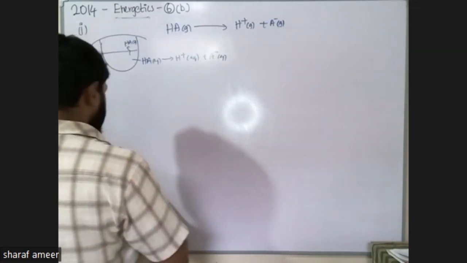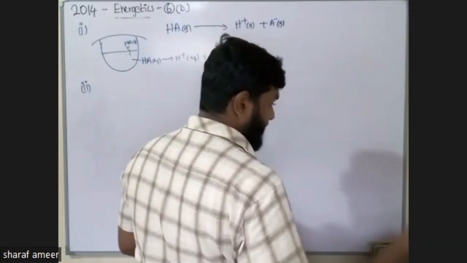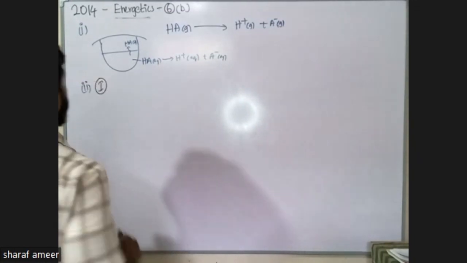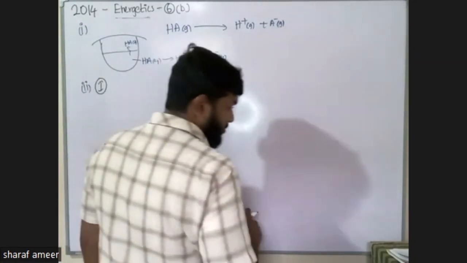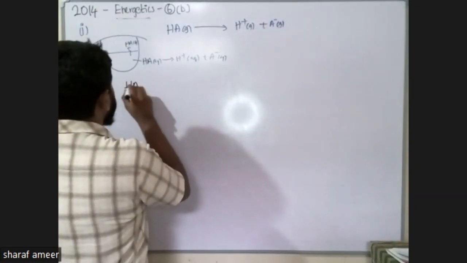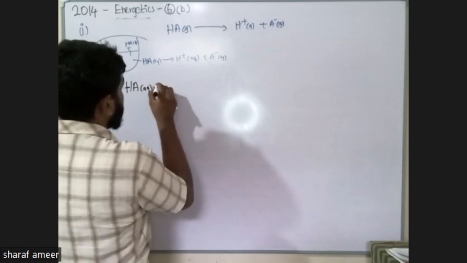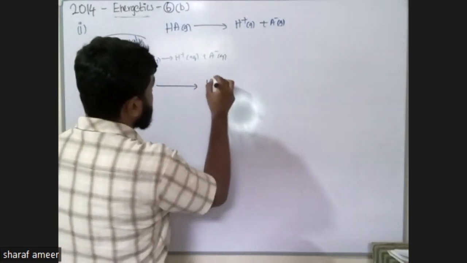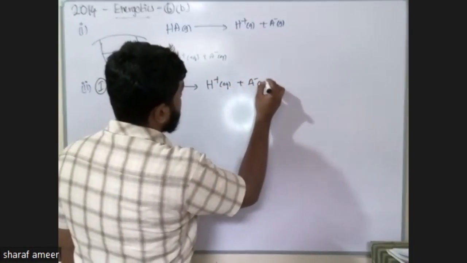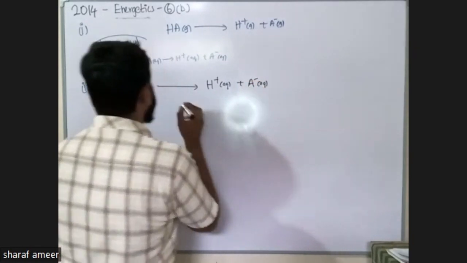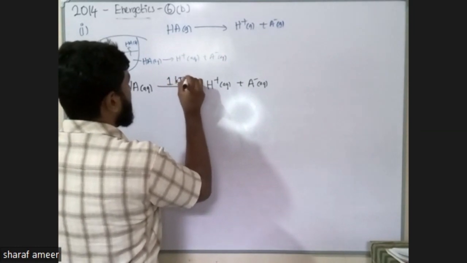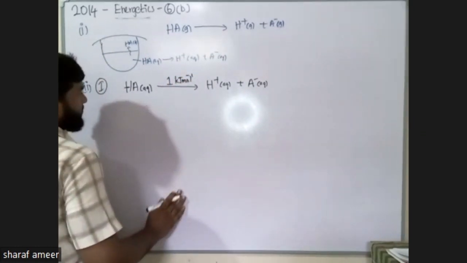Now, see for the first question, they have asked the enthalpy. So when HA aqueous dissociates to give H plus aqueous and A minus aqueous, it gives 1 kilojoule mole minus 1 of energy, right?